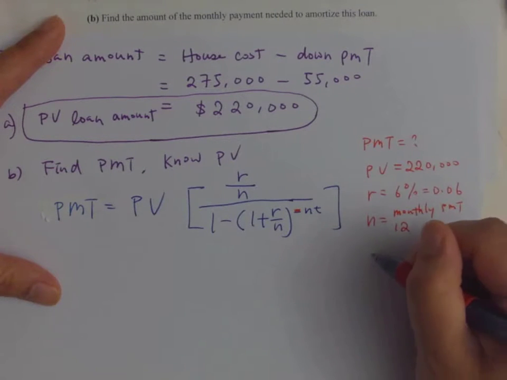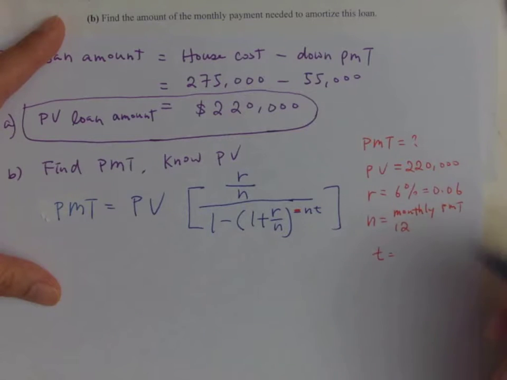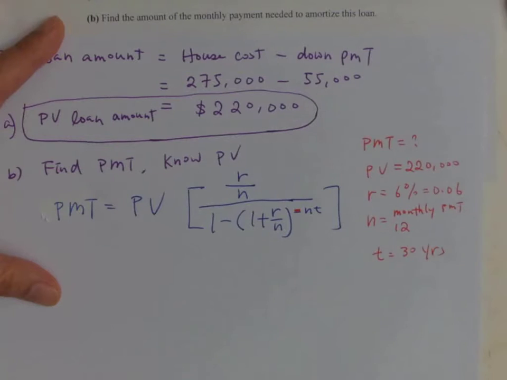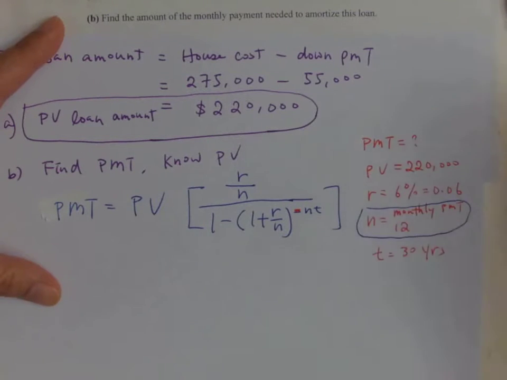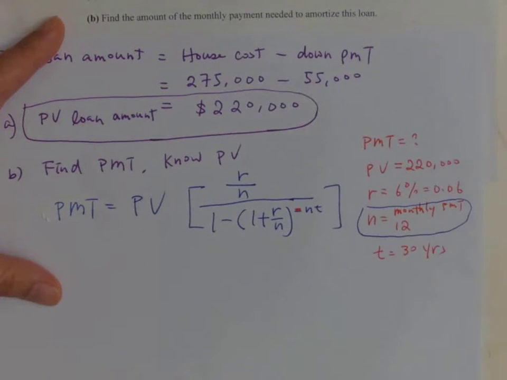And then we have T. T is how many years the loan is, which is 30 years. So make sure you understand that when you do the monthly payment, this is going to be compounding 12 times a year. All right, let's plug it in.